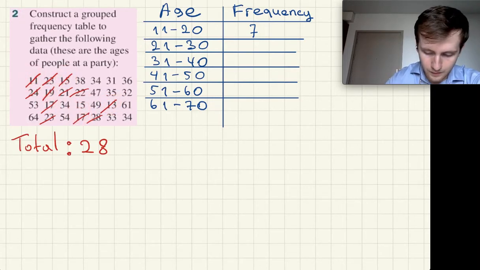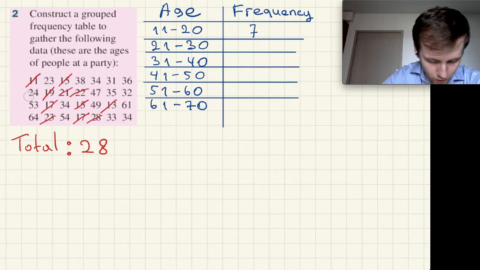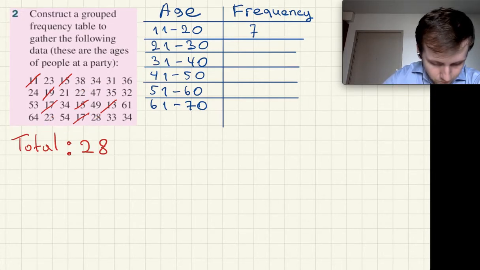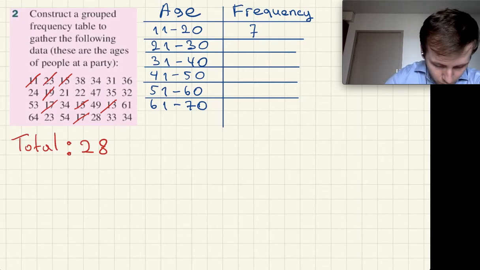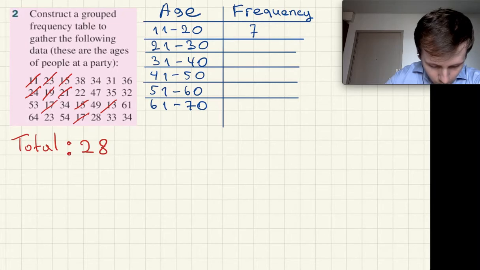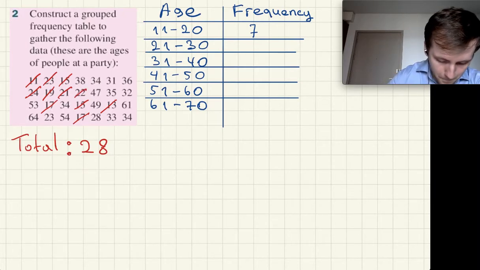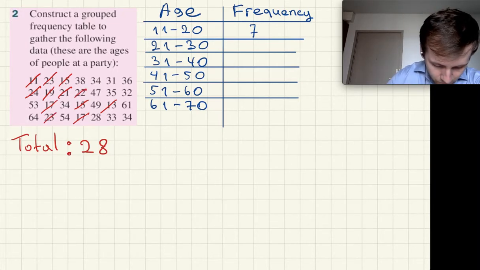Let's cross this, and then from 21 to 30. I don't know, we can just do it again. So we go 1, 2, 3, 4, 5, 6.